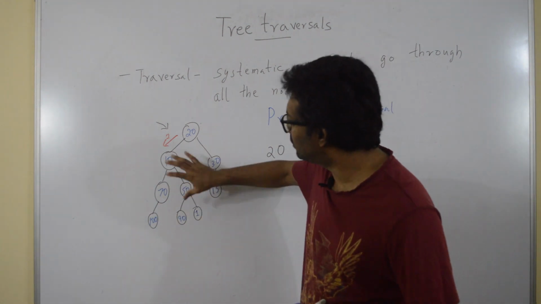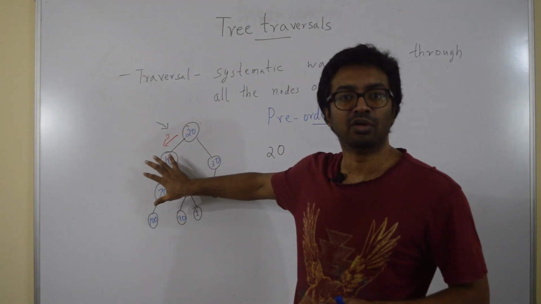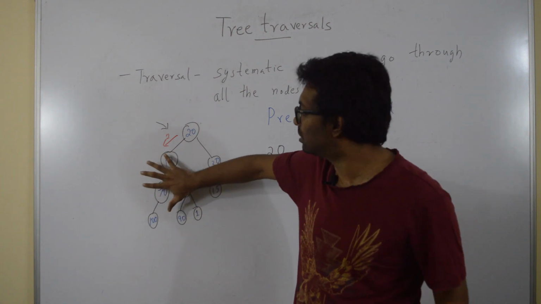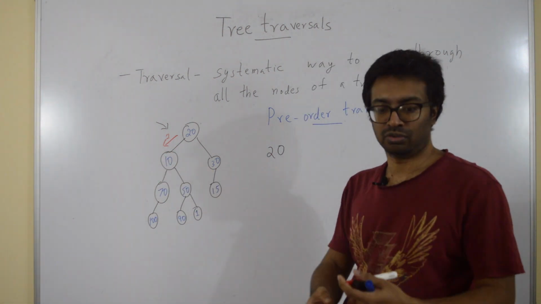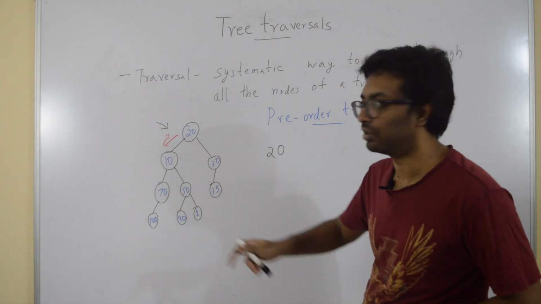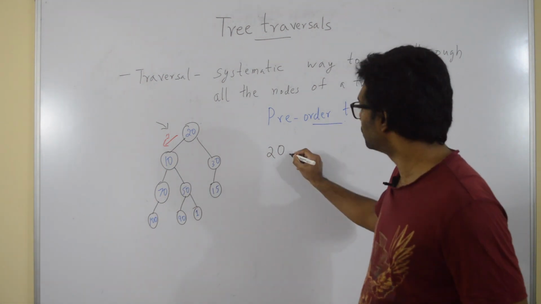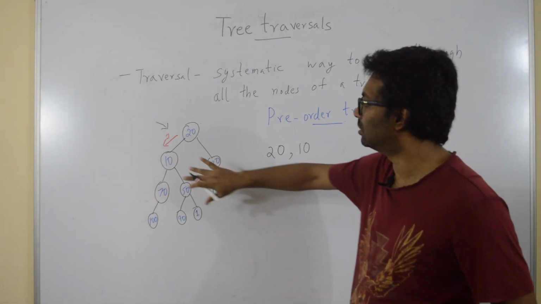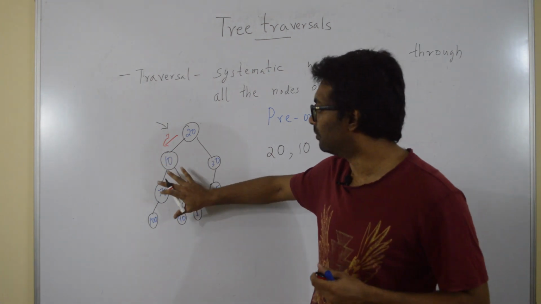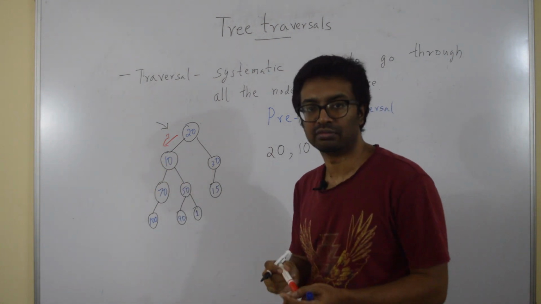So again, when I visit this subtree, I'm going to first visit the root of this subtree, that is this node. So what should I print next? I should print 10, right? Okay, so I print 10 next because I'm going to visit this node. Then again, I visit the subtree here.